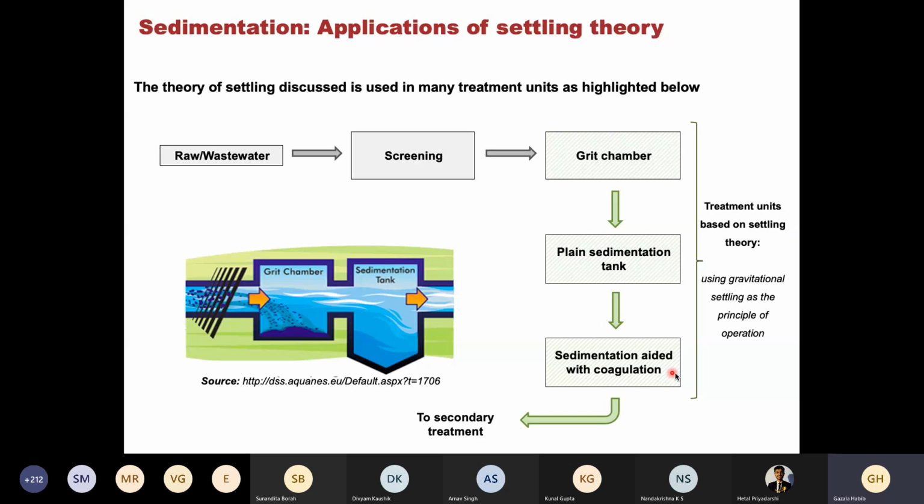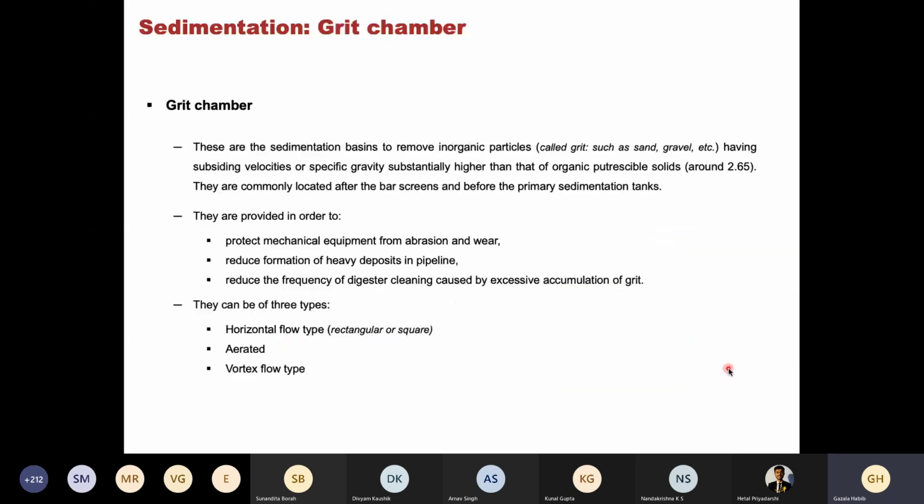So now, after knowing this, a very brief description of the grit chamber is given here. As I said, they are mostly inorganic particles: grit, sand, gravel. These are big particles, generally bigger than the suspended particles.